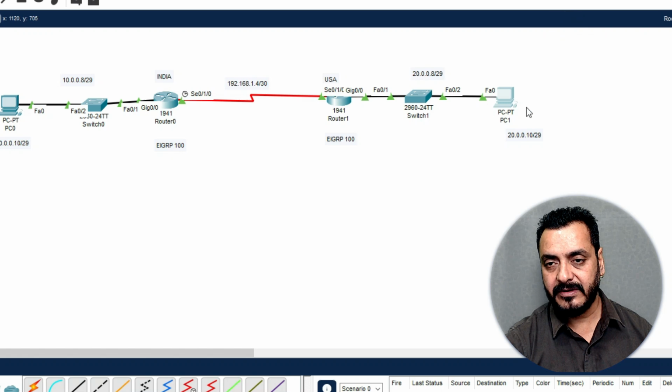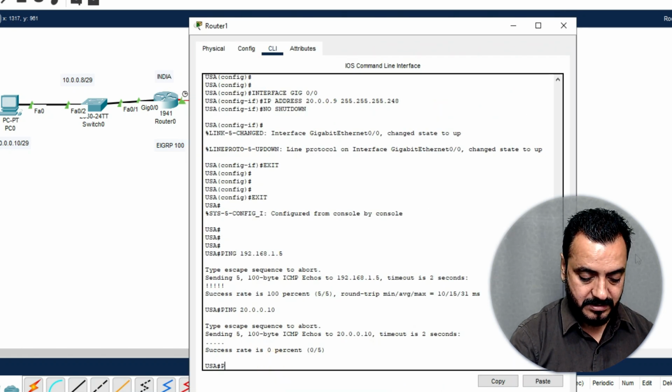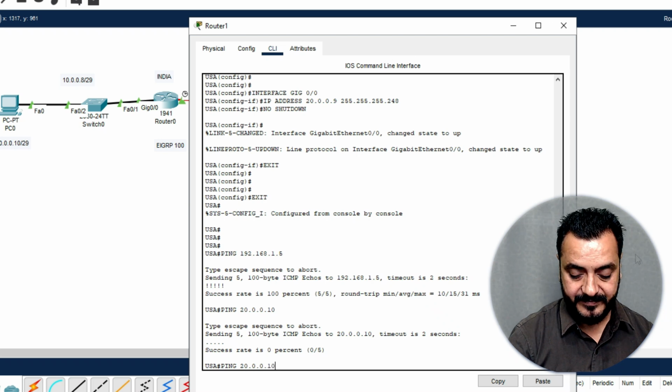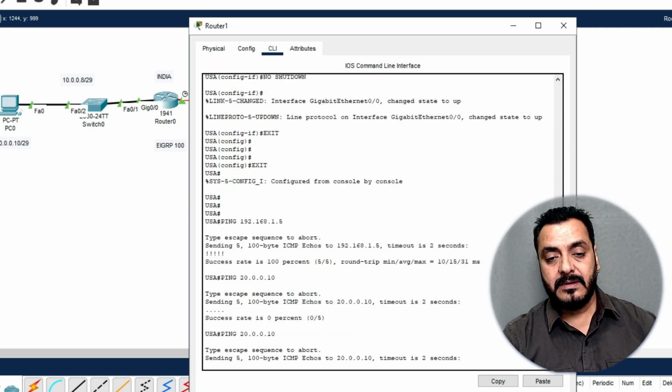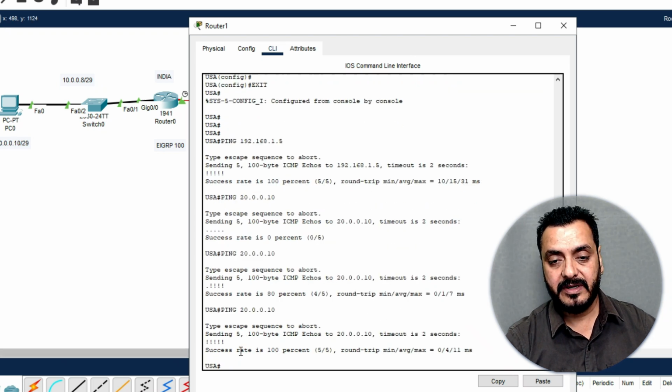That's it. Now we have configured the IP address on the device. Now we can check the connectivity again by pinging 20.0.0.10. Now it is successful. Again, 5 sent, 5 received. It means the USA router is successfully communicating with its end device.